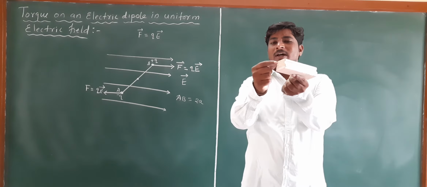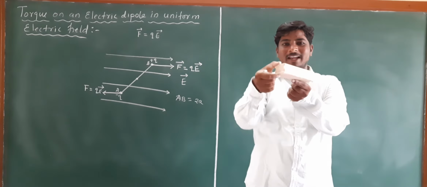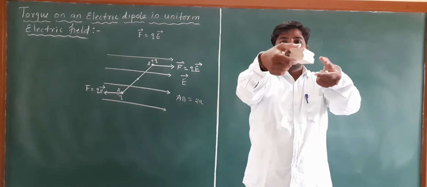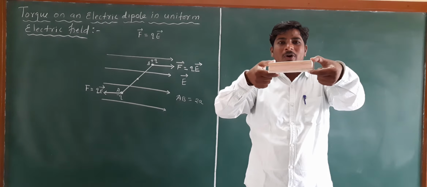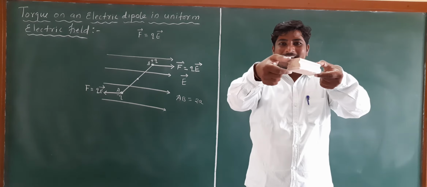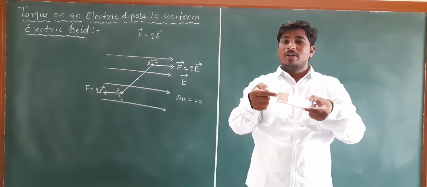This force rotates the dipole like this, and this force rotates the dipole like this. One force is in this direction, another in this direction, and they tend to rotate the dipole like this. So this torque will tend to rotate the dipole.